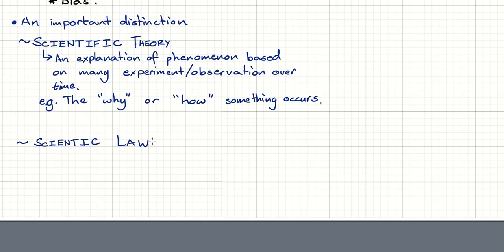As we go through scientific law, this is simply going to describe a relationship in nature, and I'll say a natural relationship to shorten that.